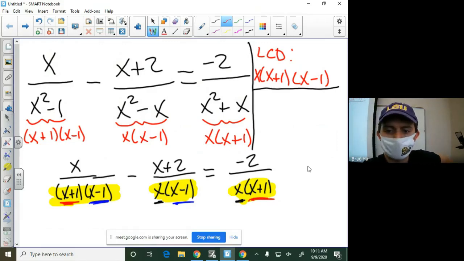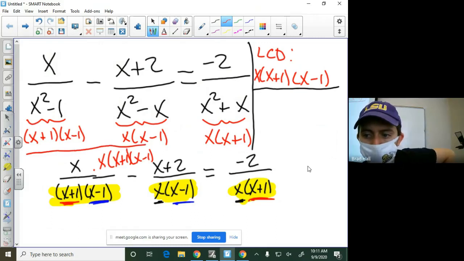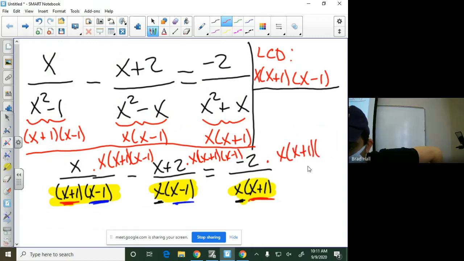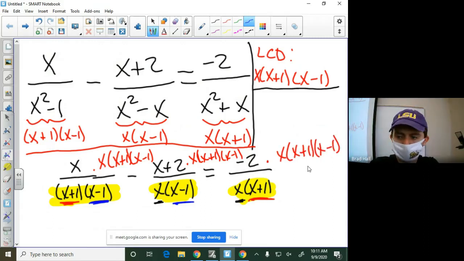So if anything, now we know what to multiply to each fraction. And naturally, hopefully there's a lot of cancellation, as there will be.